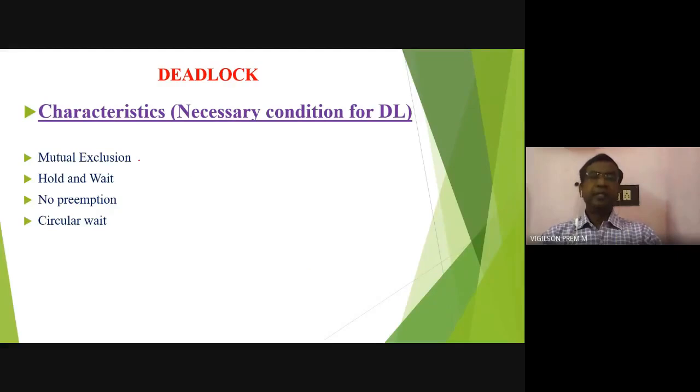The first condition is mutual exclusion. We have already discussed it in process synchronization. What do you mean by mutual exclusion? For example, a printer is currently used by process P1.